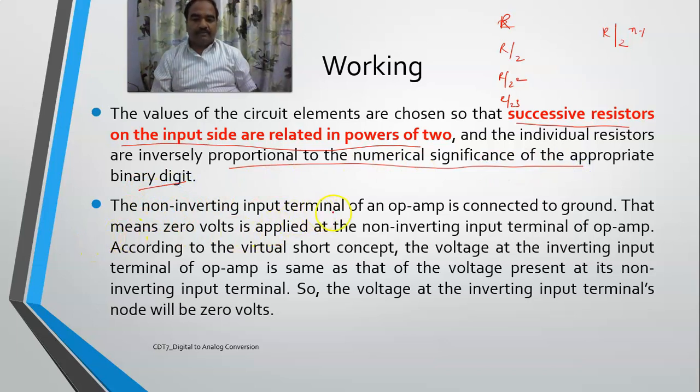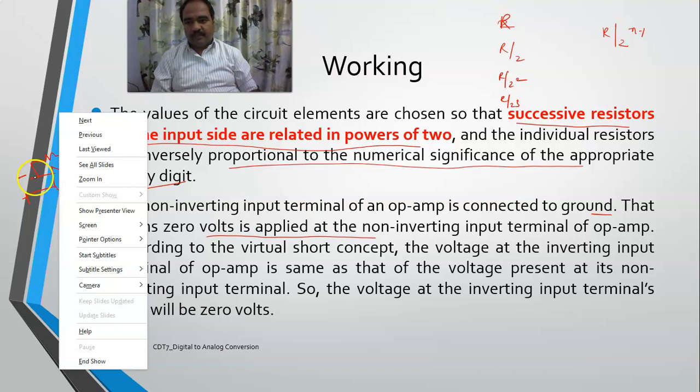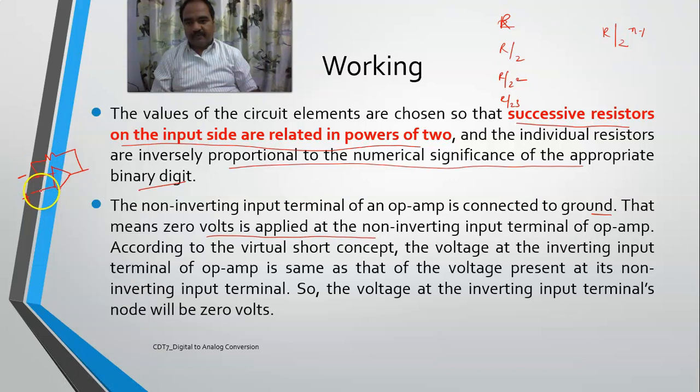The non-inverting input terminal of the op-amp is connected to ground, and that means 0 volts is applied, which we call a virtual ground. Literally speaking, virtual ground means no current enters the terminals, and these two points will have the same voltage.